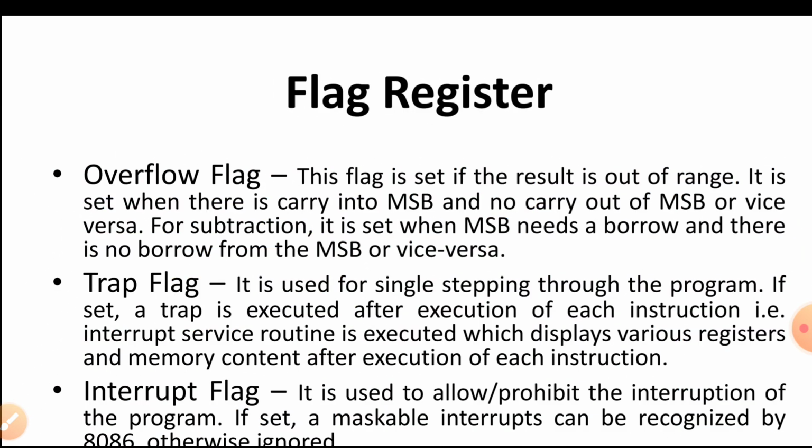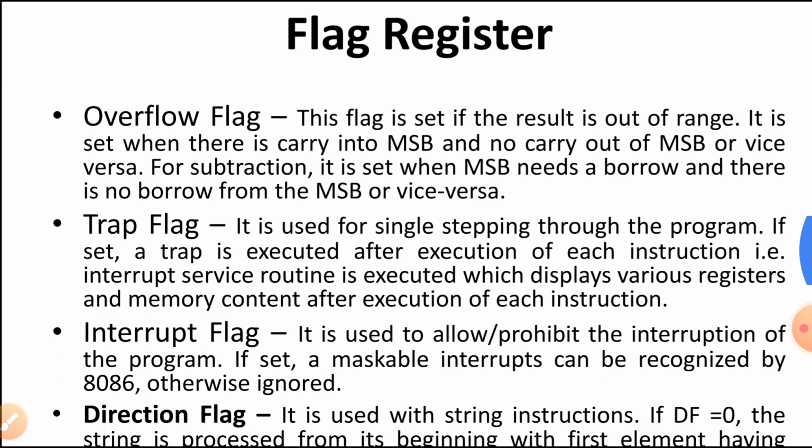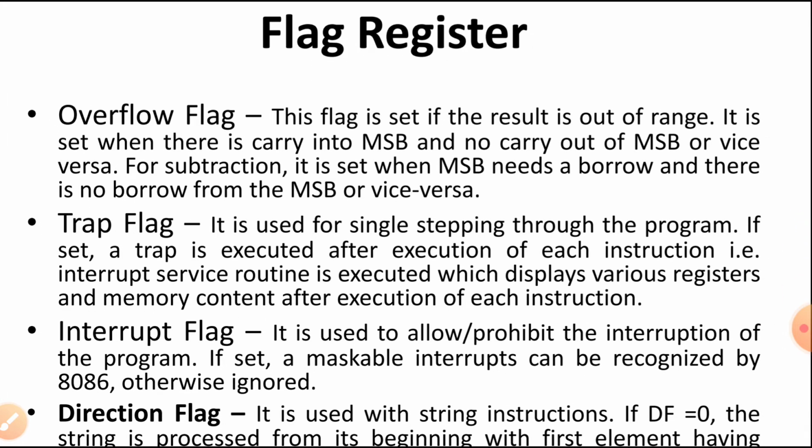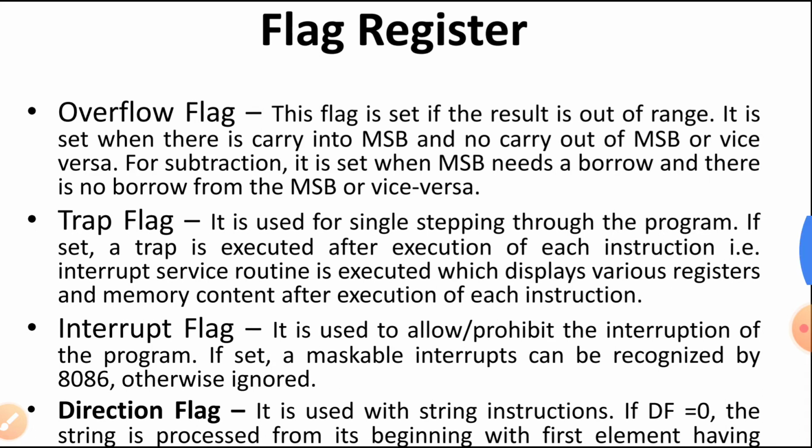Then in that case the overflow flag will be set. In case of subtraction, it is set when the MSB needs a borrow and there is no borrow from the MSB, or vice versa. So, this is the meaning of the overflow flag.